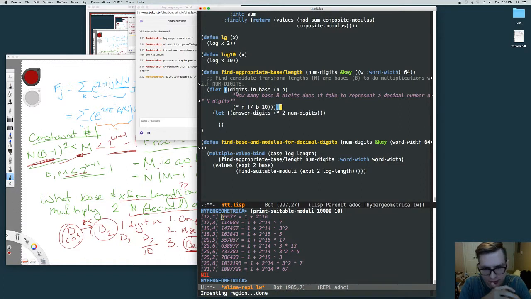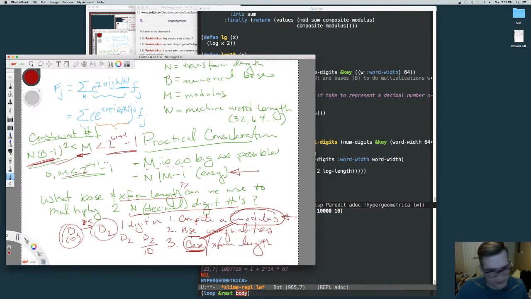So the answer digits is going to be that, and the result of this will be capital N. And N is also, I forgot, this is a very important constraint.